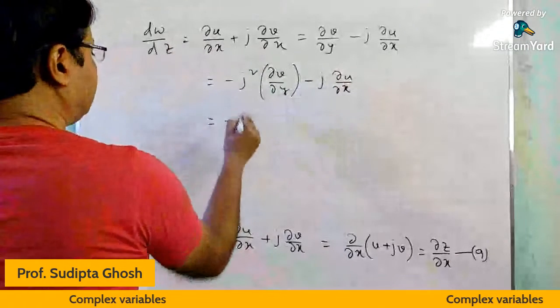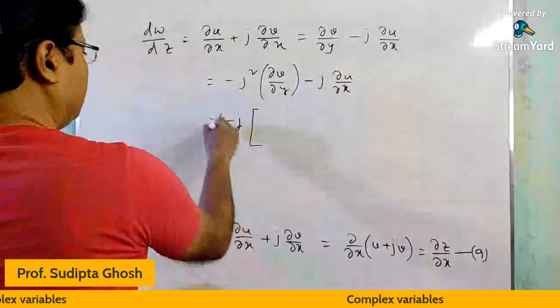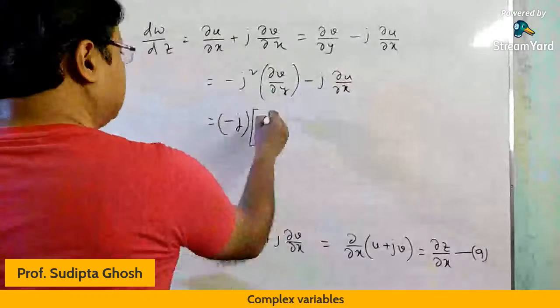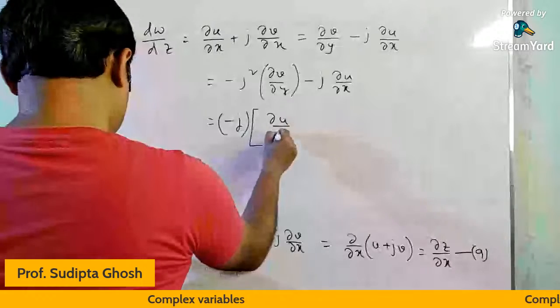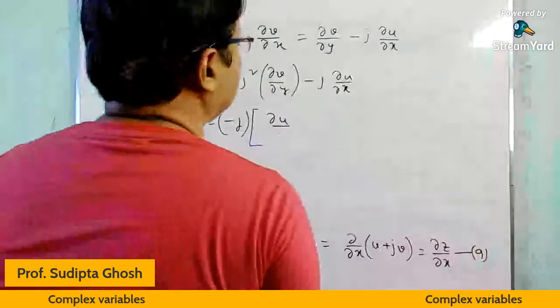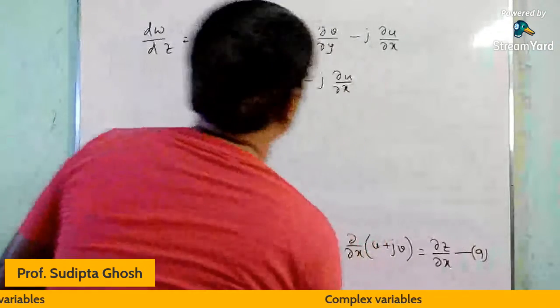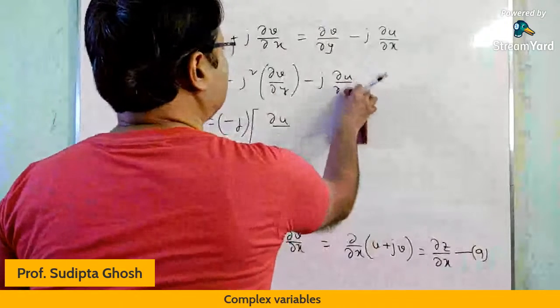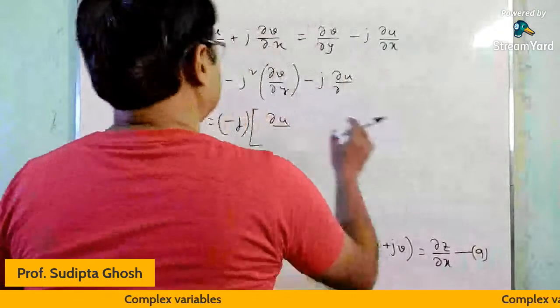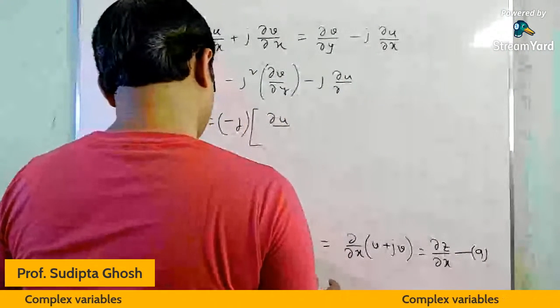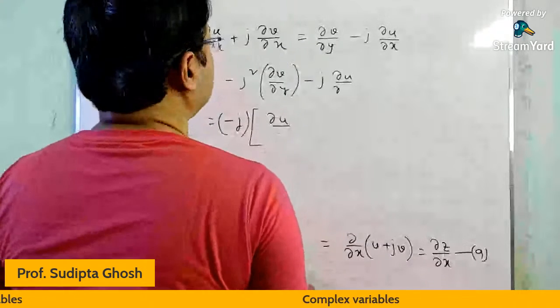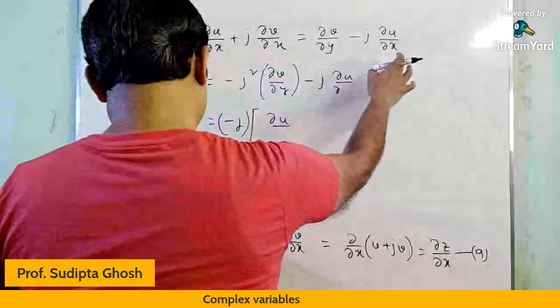Taking minus j common, it can be written as del u/del x. Here I can put del u/del x as del v/del x, which means del u/del y.